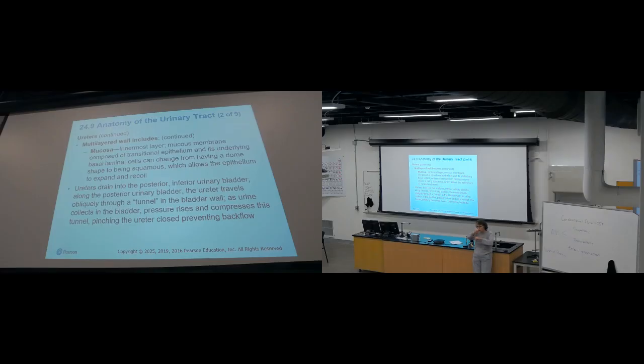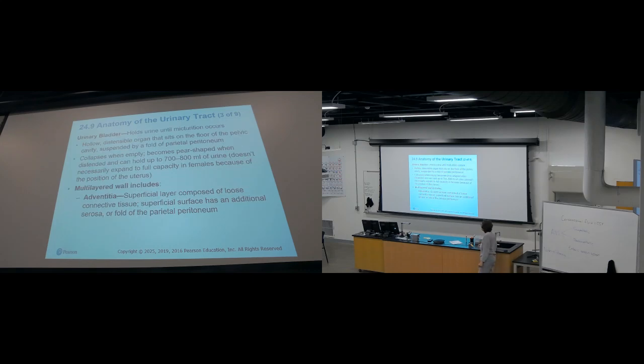Because some of the spikes of the stones can damage this epithelium, go a little bit deeper into the subsequent layers, and that creates this bleeding. And then that peristalsis can become strong, and then the person will have very sharp pain, intense pain.